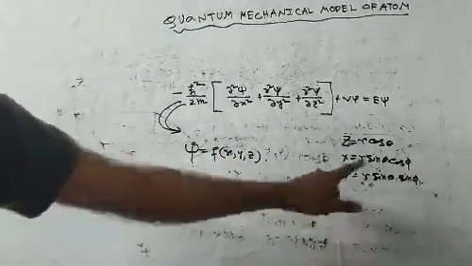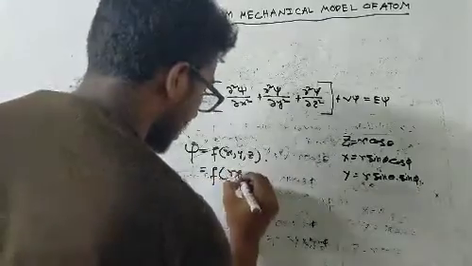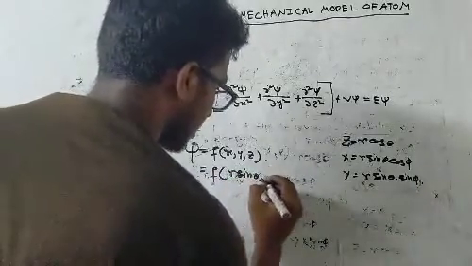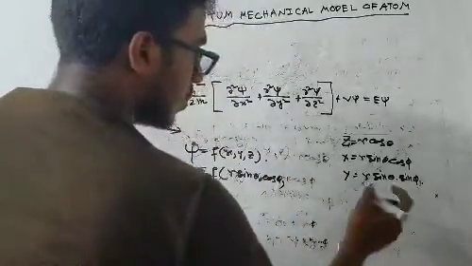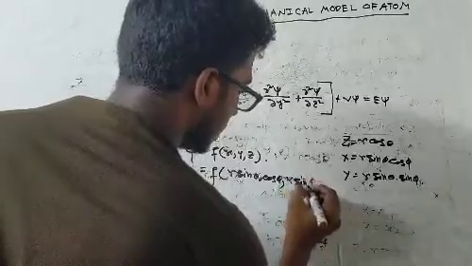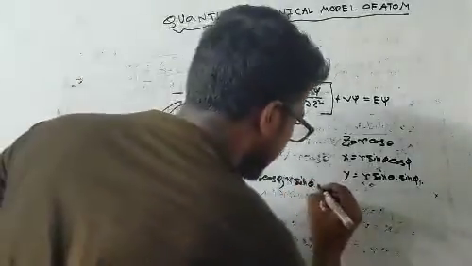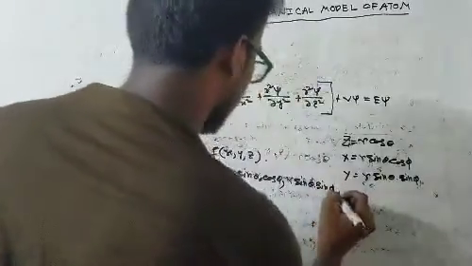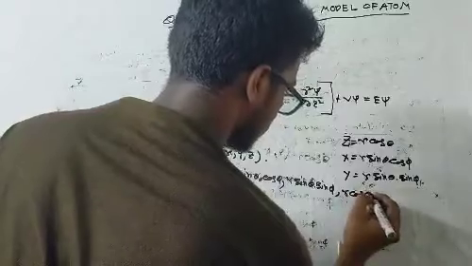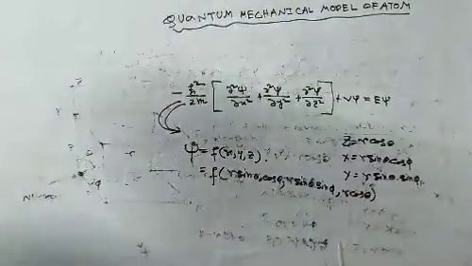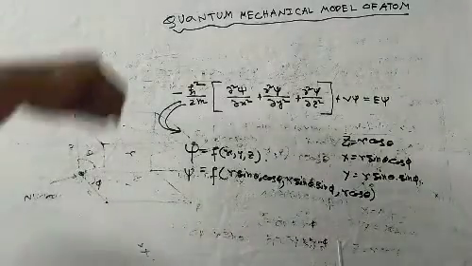Now I am getting x equals r sin theta cos phi, y equals r sin theta sin phi, and z equals r cos theta. Now look at the function of psi.